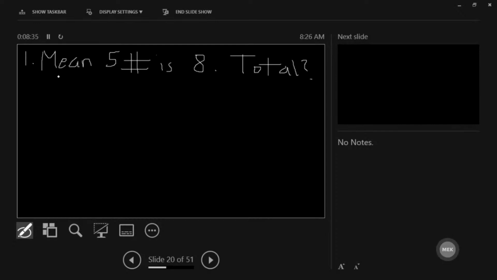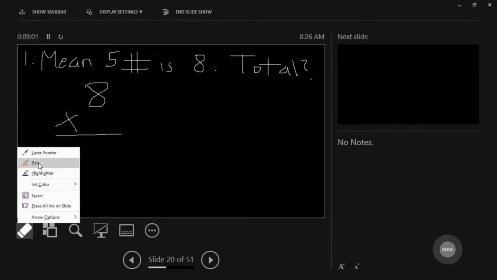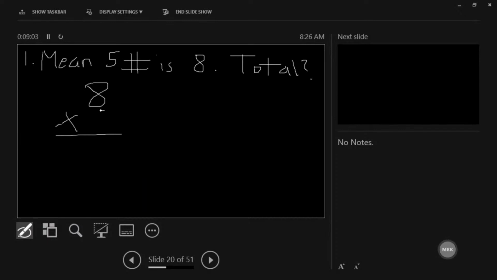Then if we are told the mean, so the mean is 8 and it's 5 numbers, how do we find the total? We multiply the mean by the amount of numbers, and that will give us the total. So it's 5 numbers. So if you are given the mean and you're given how many numbers and you want the total, you multiply the mean by the amount of numbers.